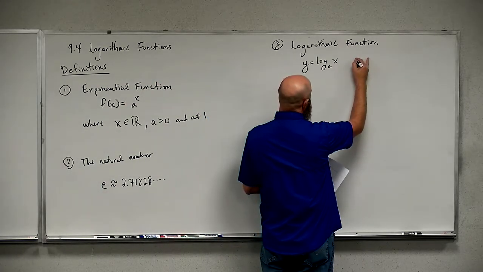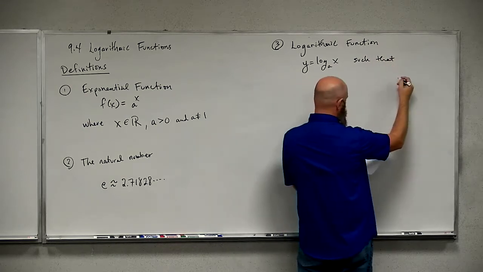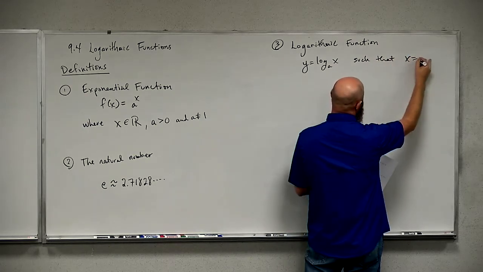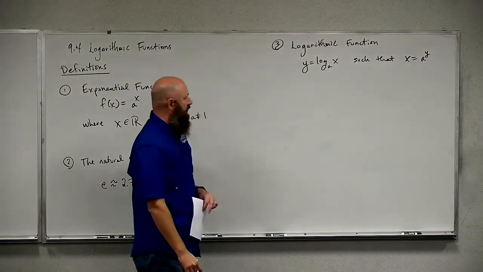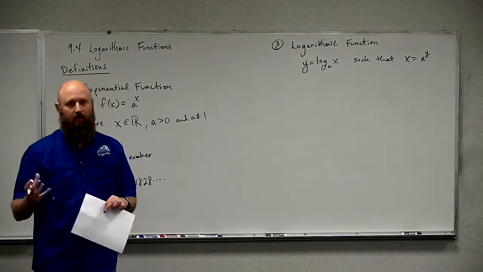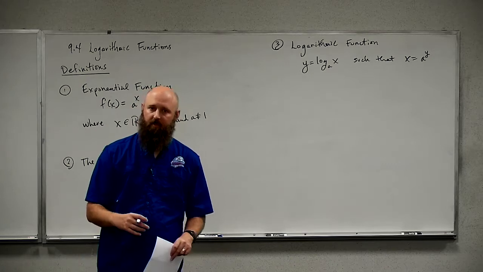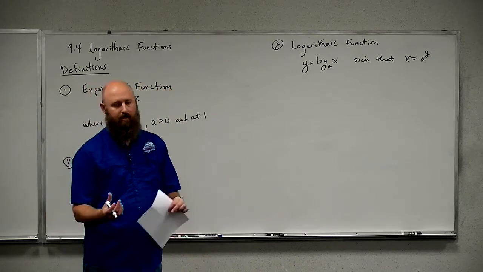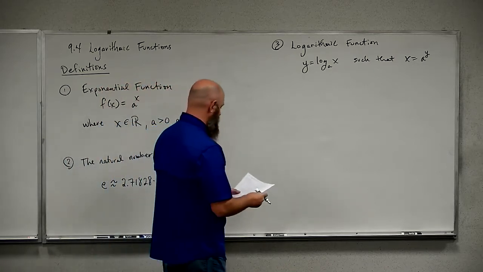We do need this to say such that we could rewrite this as x equals a to the y value. What we're looking at is being able to rewrite things so that we take them out of the powers. It creates this logarithmic function to be able to do that, so it's an inverse of those pieces.